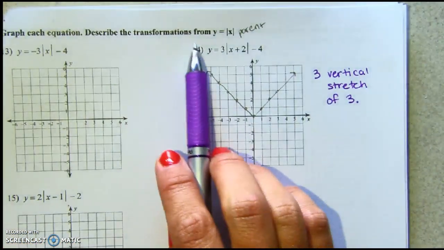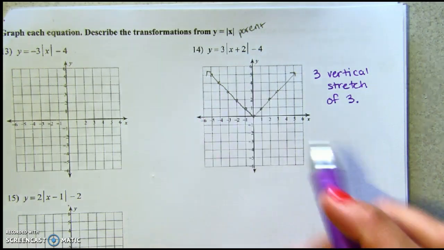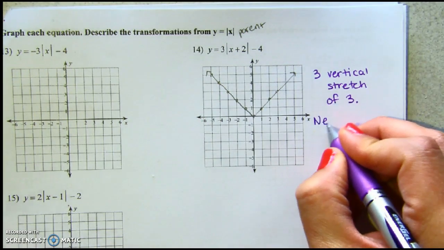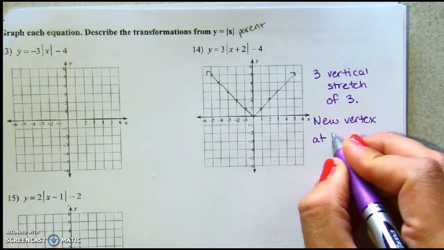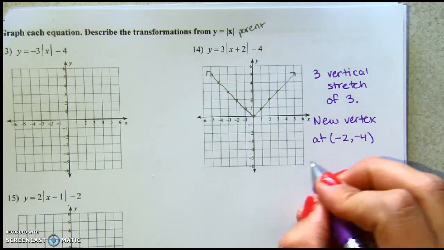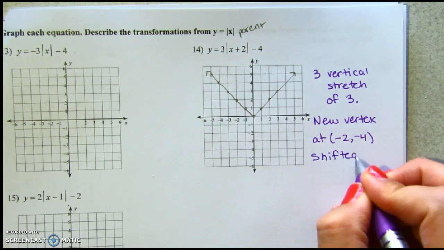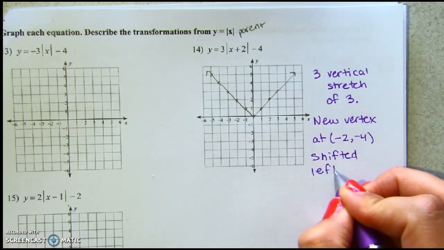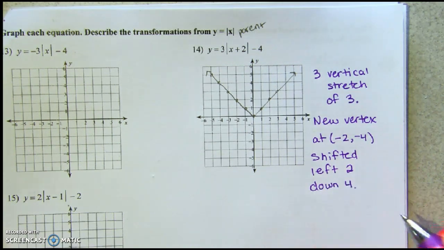Now what about the points here and here, the 2 and the negative 4? There's 2 ways to describe this. We could say we have a new vertex at negative 2, negative 4. Or a different way of saying that is that it shifted left 2 and down 4.